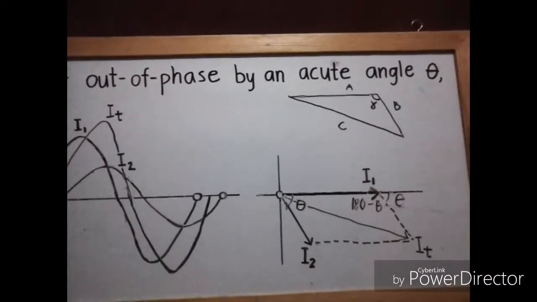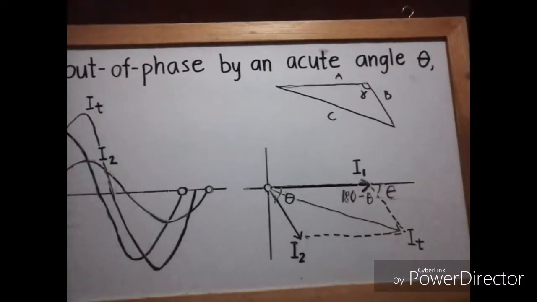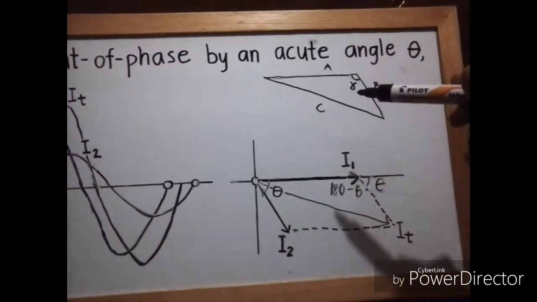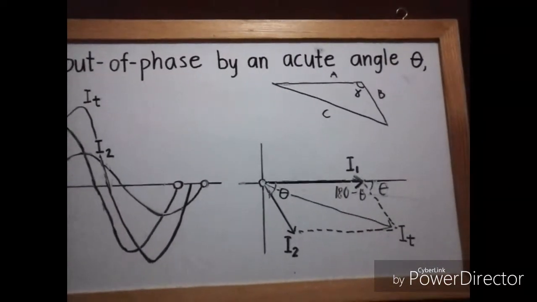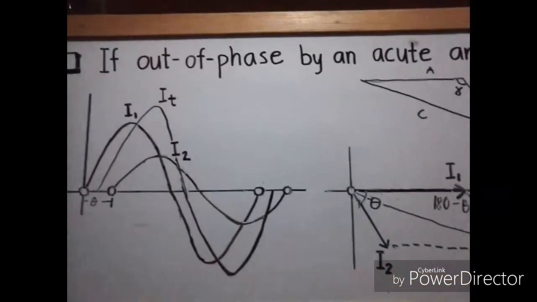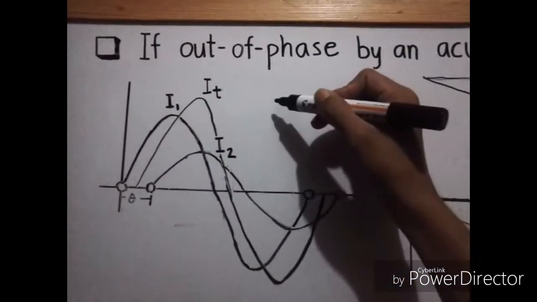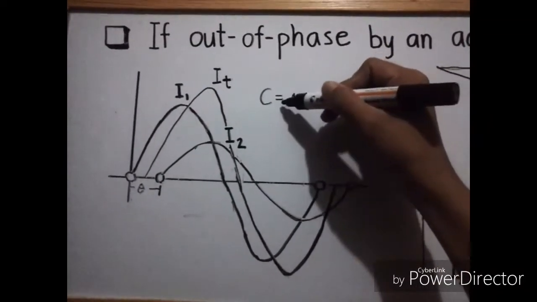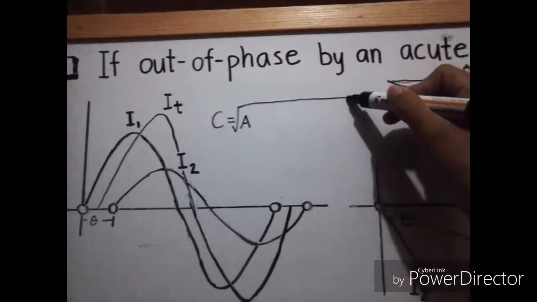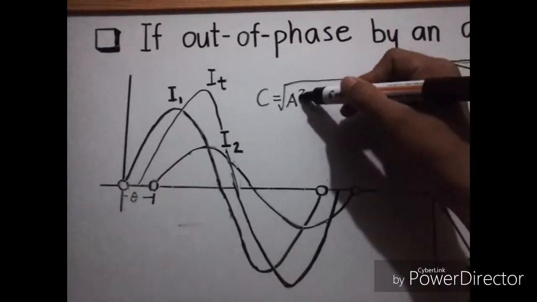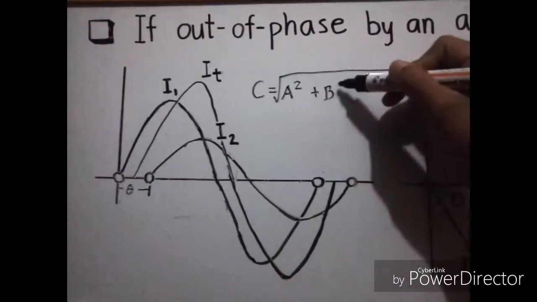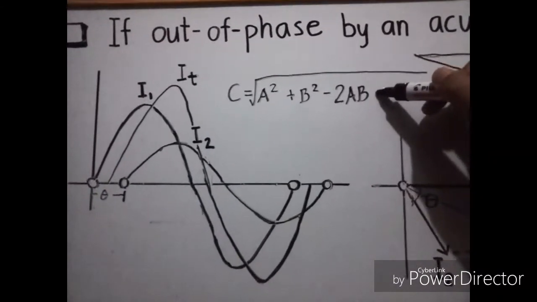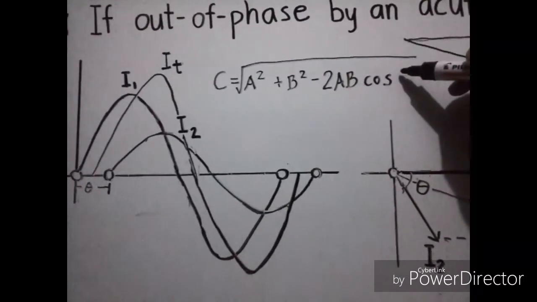Cosine law states that if we have a triangle with sides A, B, and C, and an angle gamma between A and B, the length of C is given by C is equal to the square root of A squared plus B squared minus 2AB cosine gamma.